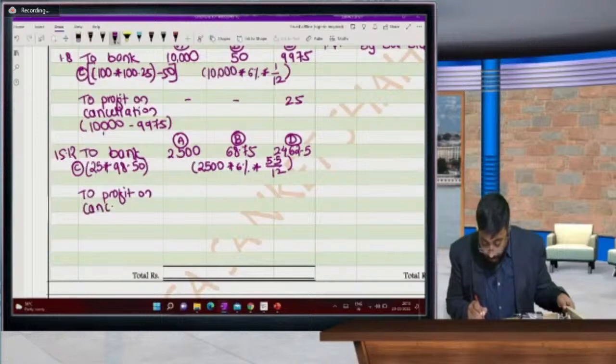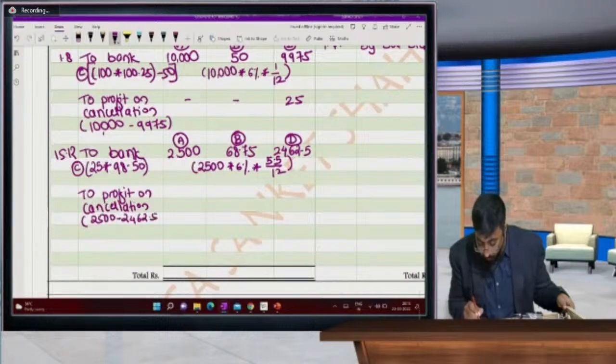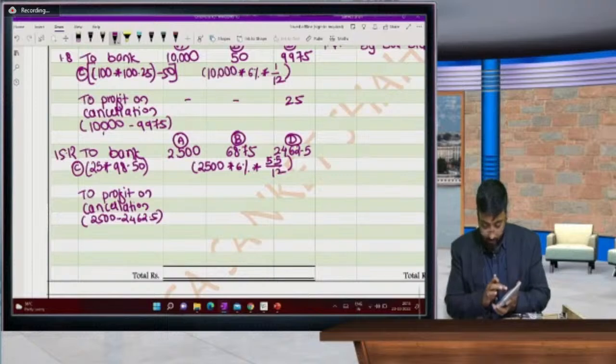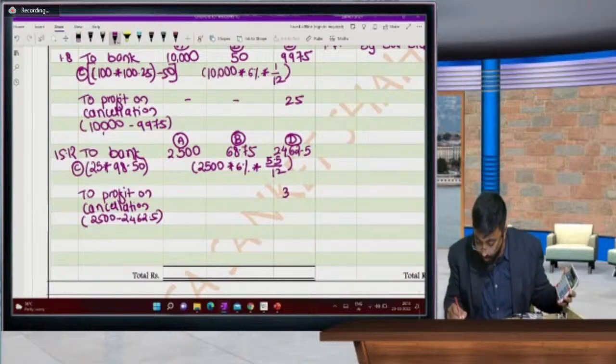To profit on cancellation: 2,500 minus 2462.5 is 37.5.